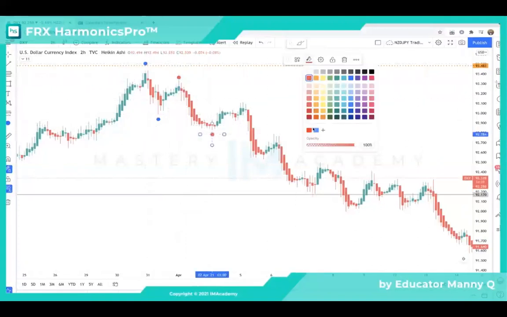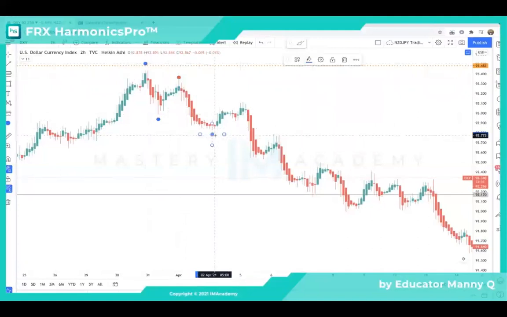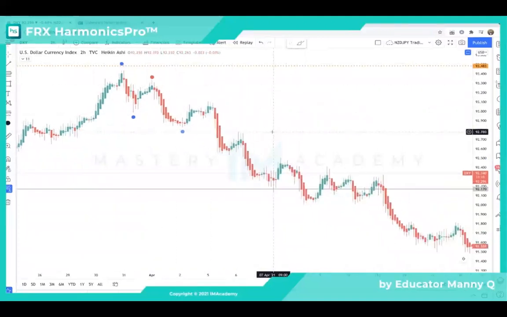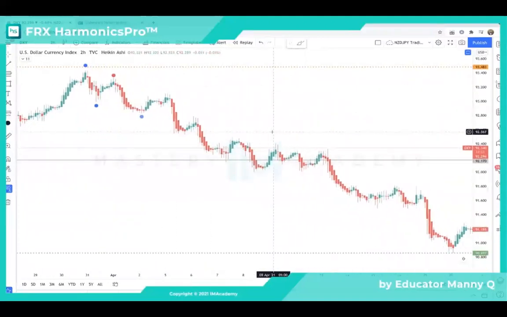And this new low point right over here is now considered the lower low because it's lower than the previous low. So let me undo this. Now, as long as the market continues this trend of lower lows and lower highs, the market is in fact in a downtrend.